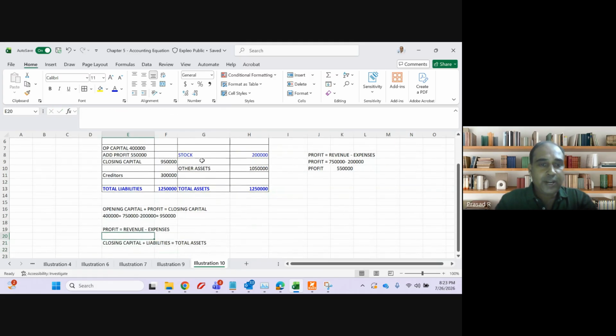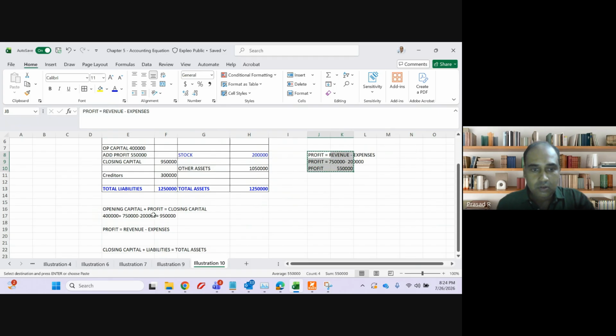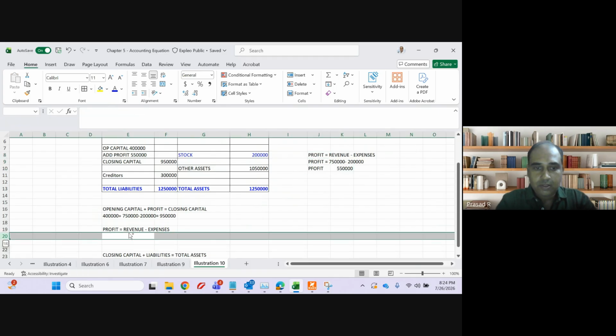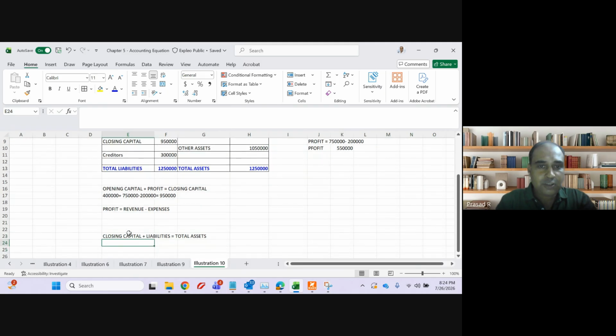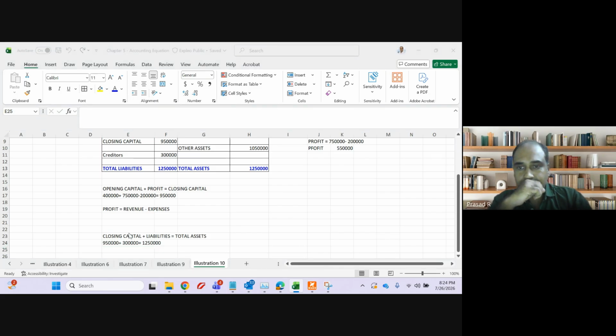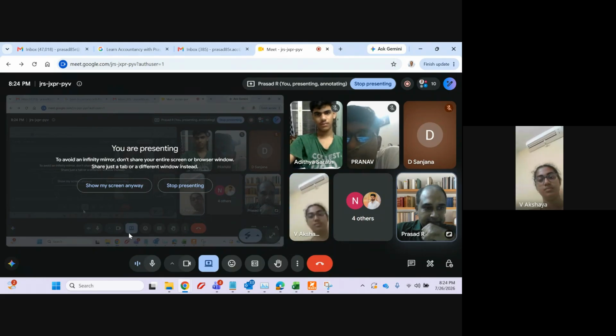Profit, how did I get? Profit I got from here. This is already solved here. And the third one, closing capital was how much? 9,50,000 plus 3 lakh of creditors will become how much? 12,50,000 is my total assets. Any doubt? No, sir.